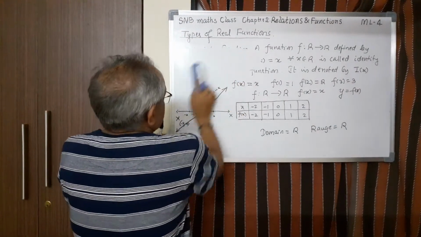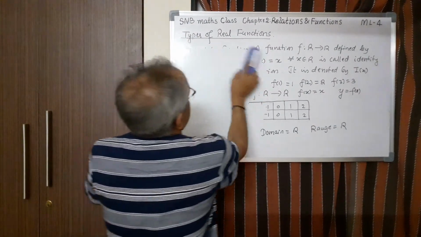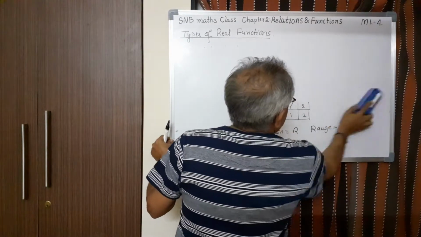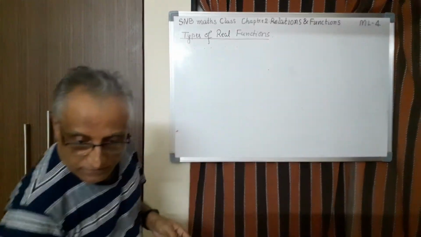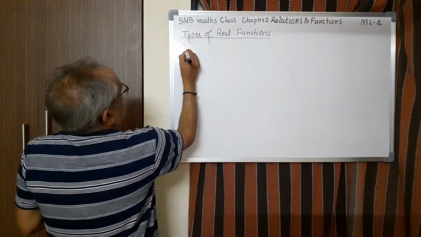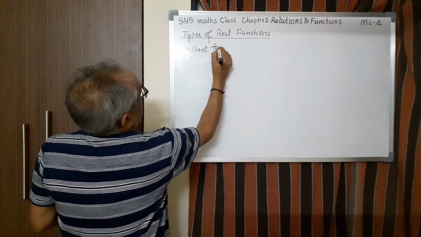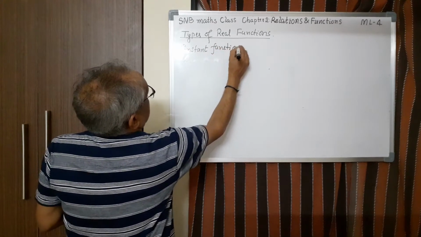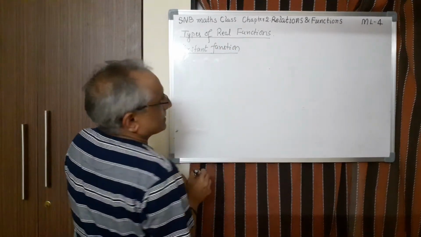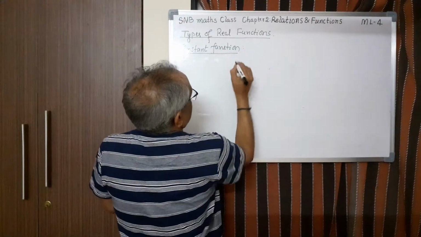The second function is constant function. So, second type, constant function. Let us take the definition first.